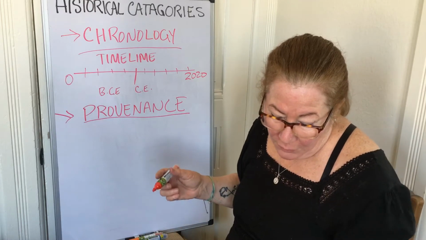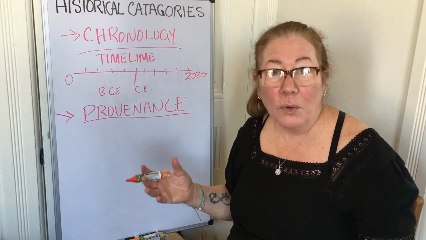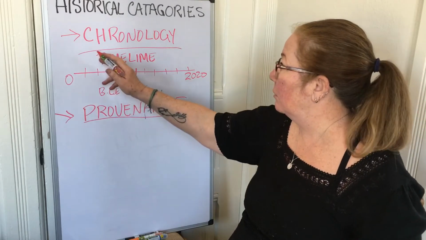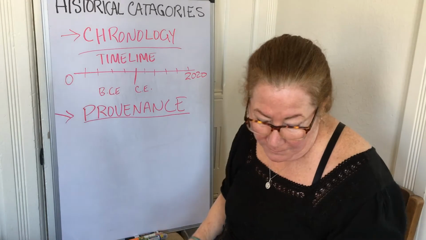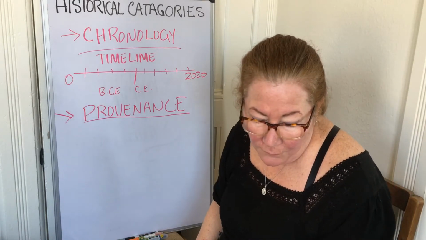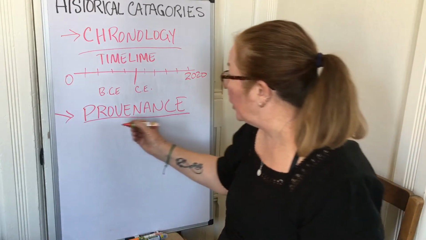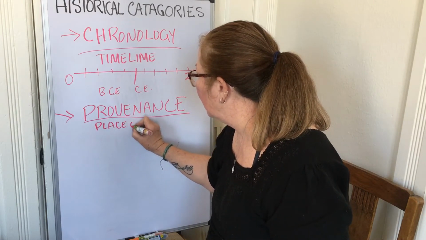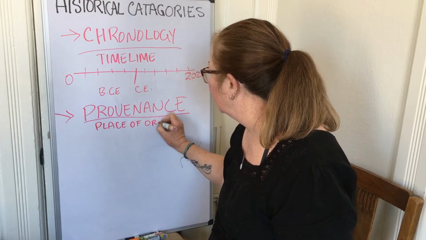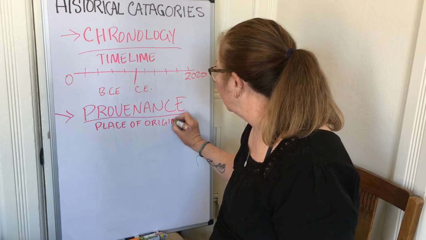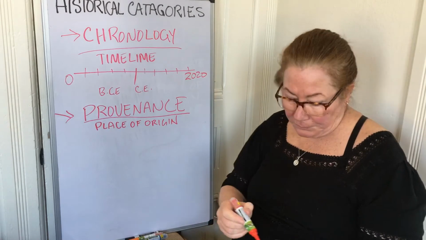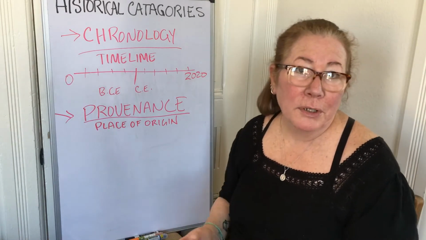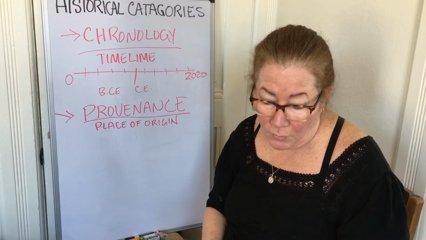Although the most basic way to categorize artworks is by pinpointing the time of their creation chronologically on our timeline, classifying by place of origin is the second most important method of understanding the artwork.